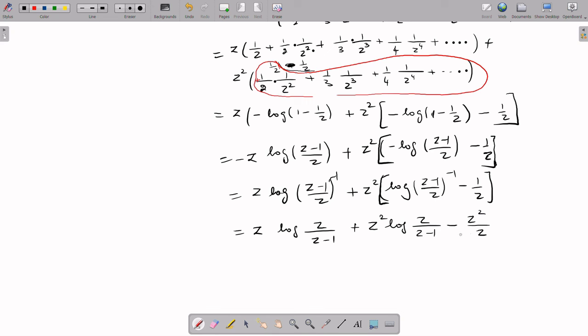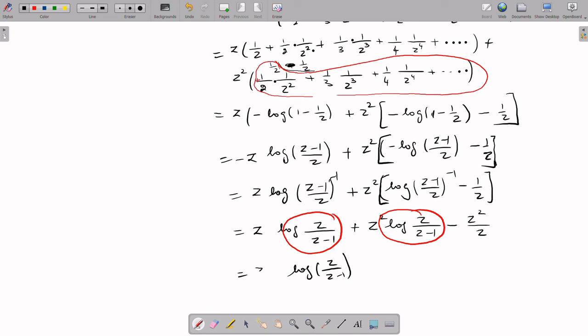Okay, now this is equal to, here this term is common, log of Z by Z minus 1, and here log of Z by Z minus 1 is common, so we take it outside. And when you're taking this outside, log of Z by Z minus 1 is common, and the left out term is Z plus Z squared.